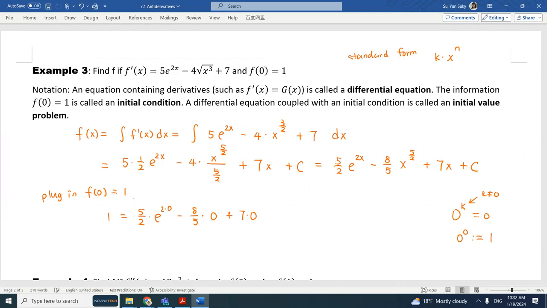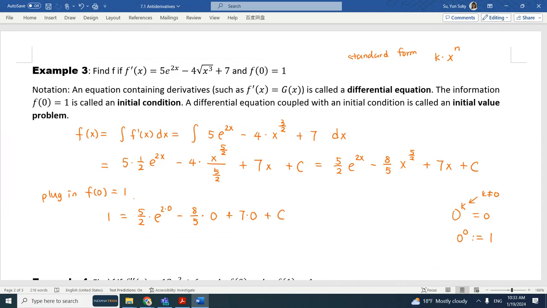So 0 squared is 0, 0 to the 5/2 is 0, 0 to whatever power, as long as the power is not 0, is 0. Multiply 0 times 0 times 0, or take the square root or the cube root of 0, it is 0. But 0 to the 0 is defined to be 1. Good. Plus C.